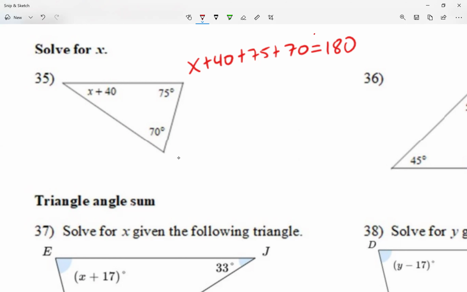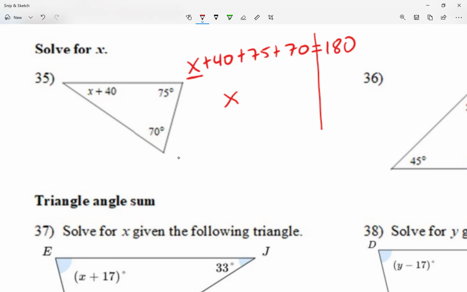Okay, let me simplify things a little. Let me draw a little segment through the equal sign. Let me simplify the left side because there's a bunch of things there. When it comes to letters, I only have one x, so I'm just going to write one x there. Numbers wise, I have 40 plus 75 plus 70.